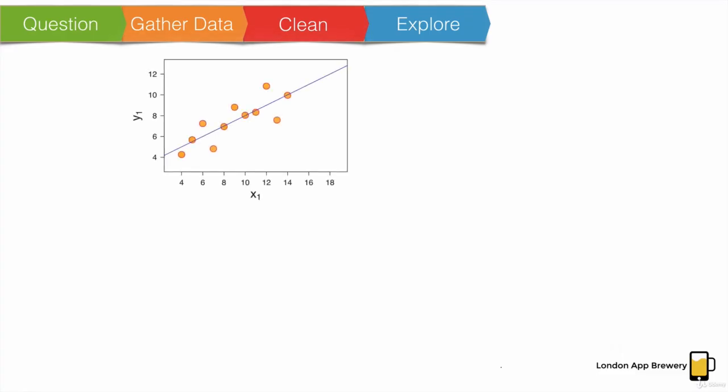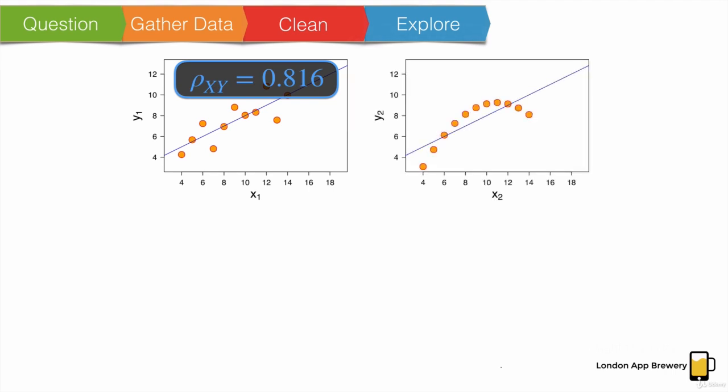Here's some fictional data on a chart showing the x and y values. X and y have a correlation of 0.816. Now let me show you a different chart. This is some more fictional data, and the correlation between x2 and y2 is in fact also 0.816.